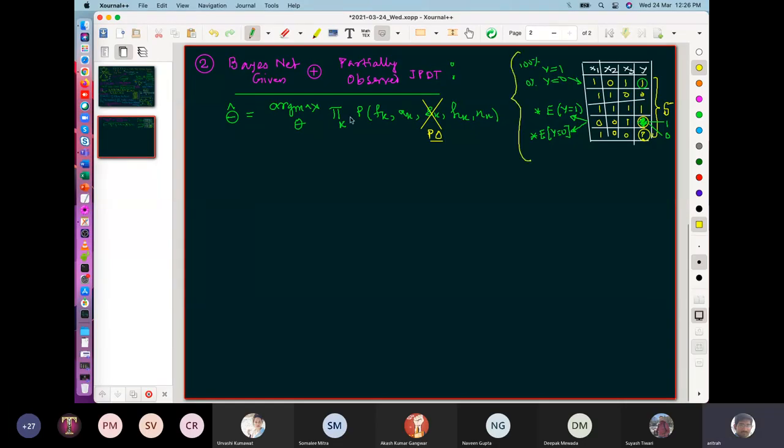So this was just an illustration, but coming back to our flu, allergy, sinus, headache, running nose problem, Bayesian net, this is given to us, but this is not observed. So we classify the observable things as F, A, H, and N, and the unobservable set is S. Here, the unobservable set was Y in this example. Now, the problem is that we cannot directly do the maximum likelihood estimation because these columns are of problematic nature.